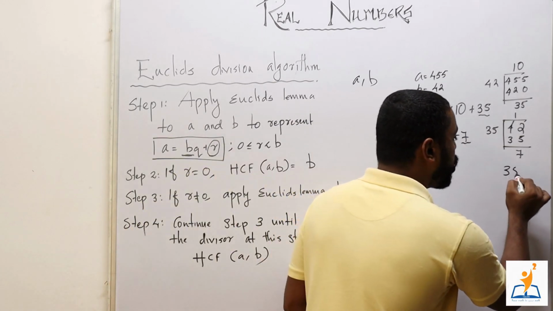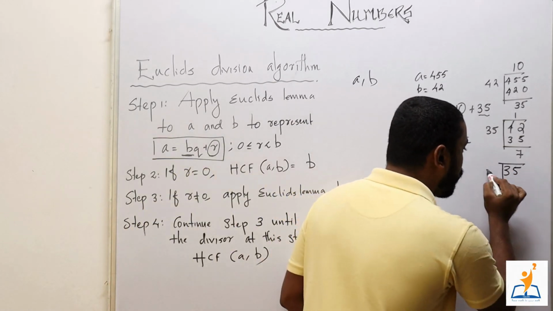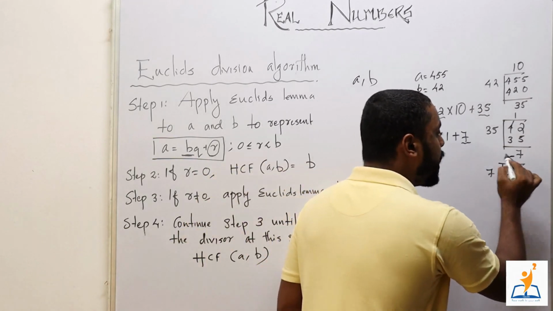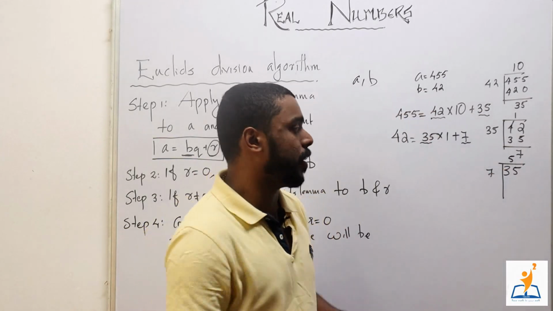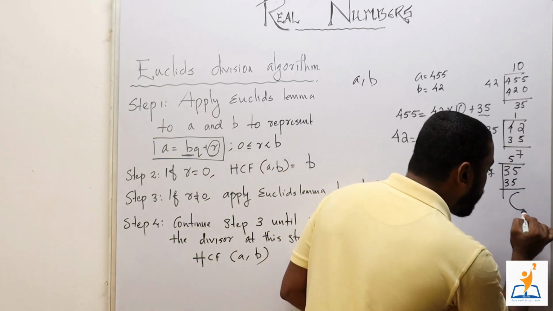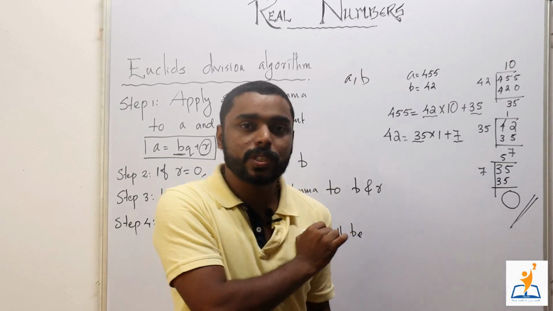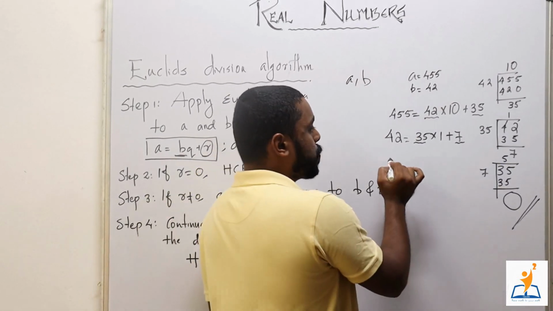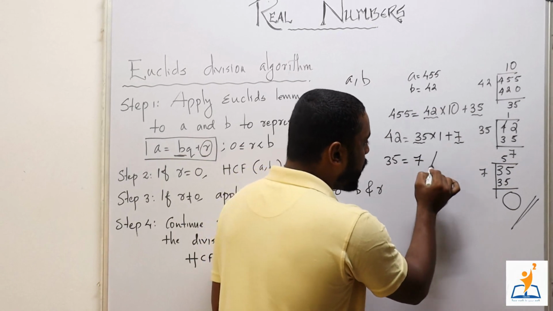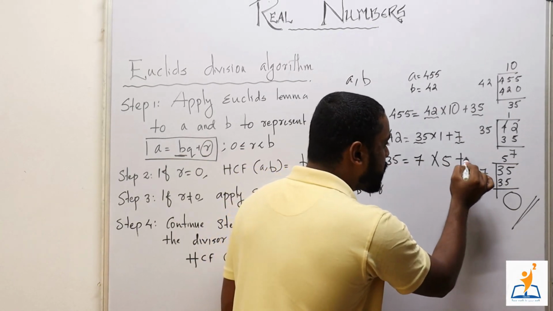In order to apply Euclid's division lemma again, we are dividing 35 by 7. 7 is contained 5 times in 35. We get 5 into 7 equal to 35 and the remainder is equal to 0. So we can express 35 is equal to 7 into 5 plus 0.